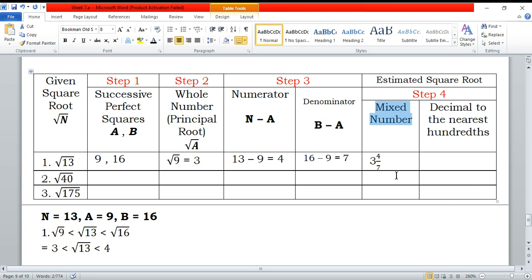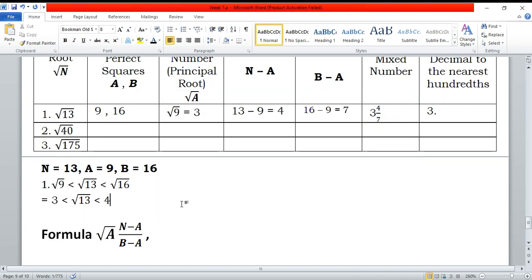Para makuha natin yung decimal counterpart nito, kailangan natin gawin ang 3 point, tapos yung 4/7 ay gagawin nating decimal. To change fraction to decimal, you have to divide 4 by 7. Okay, so ano nga tayo dito? 4 divided by 7. What is 4 divided by 7?